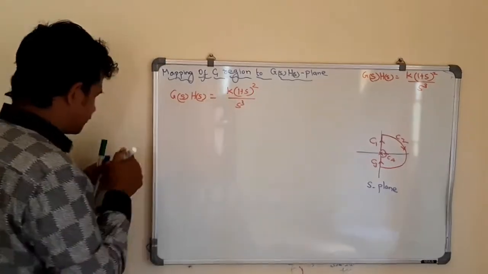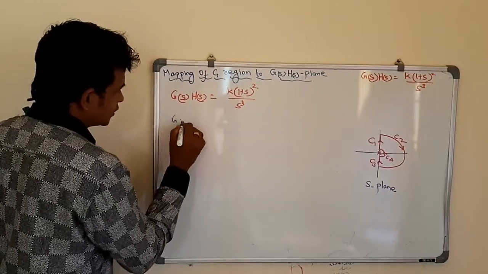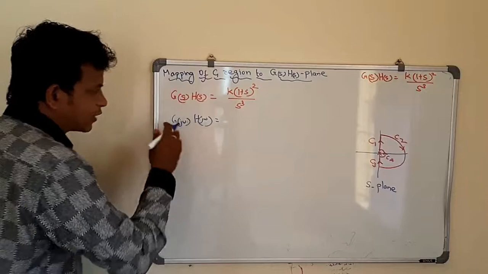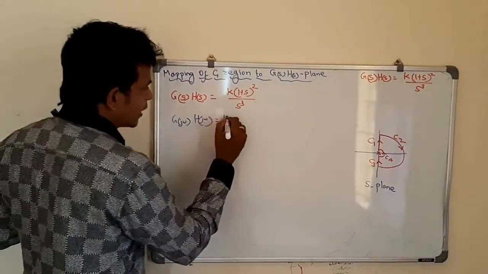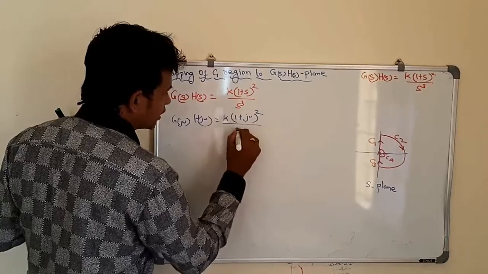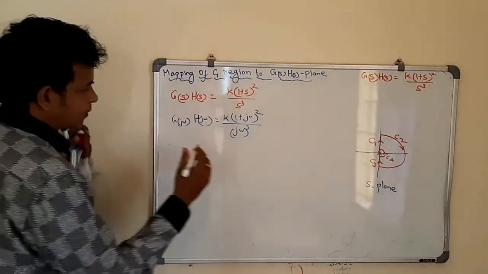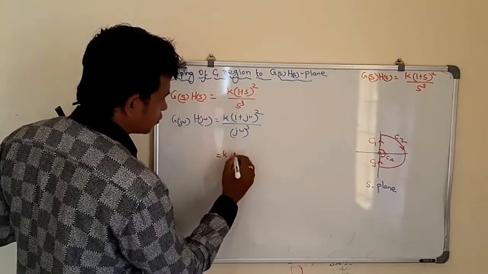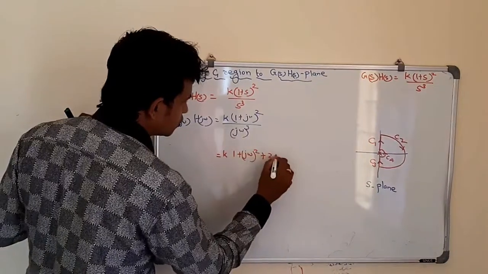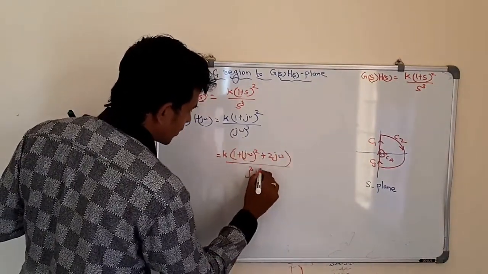Now I am transforming this transfer function into the frequency domain. So G of j omega into H of j omega. I am replacing s by j omega to transform it into the frequency domain. k into (1 plus j omega) the whole square divided by (j omega) the whole cube. This is equal to, applying the (a plus b) the whole square formula, k into (a square plus b square plus 2ab) the whole divided by j cube omega cube.